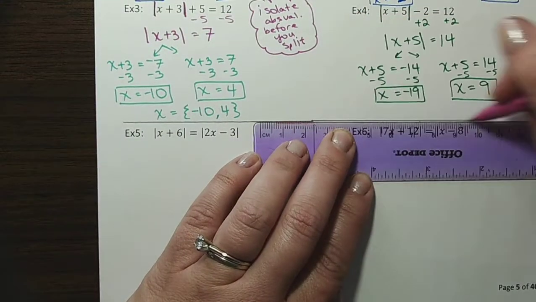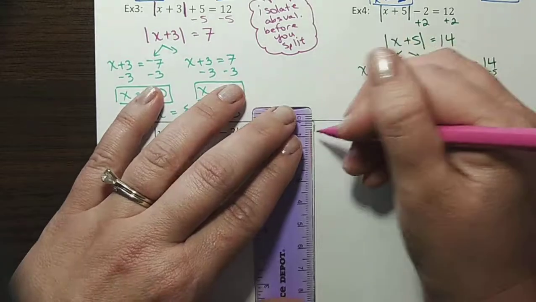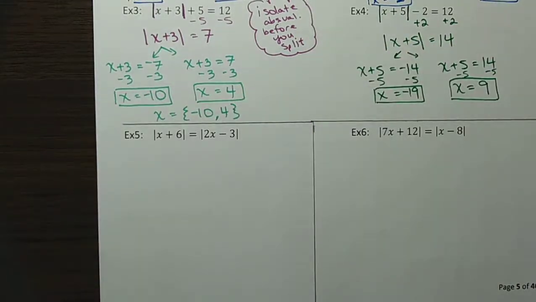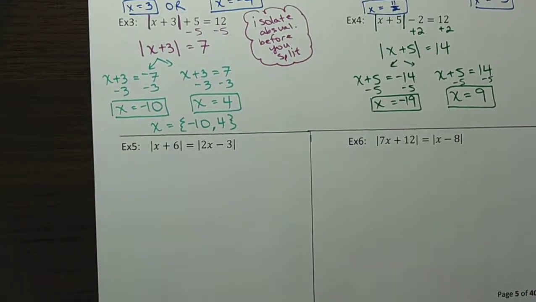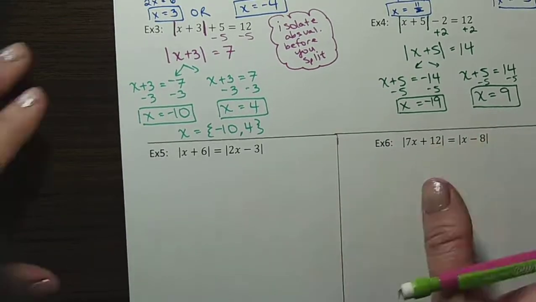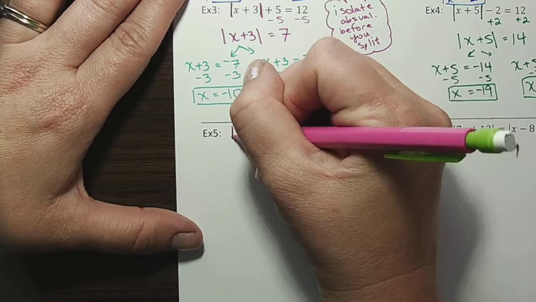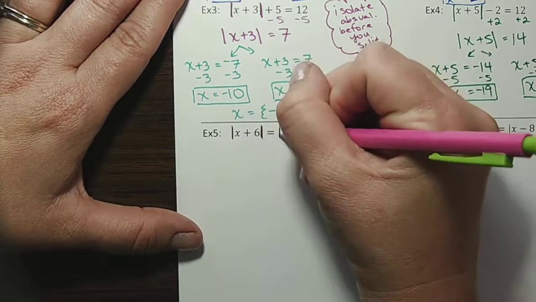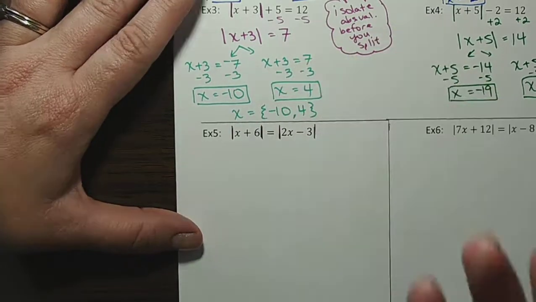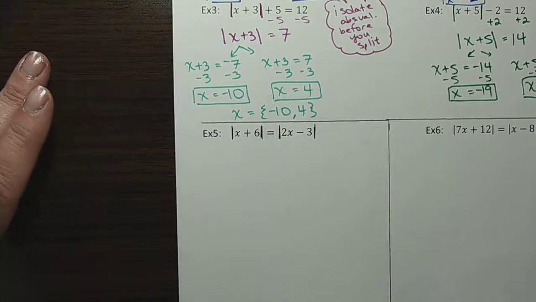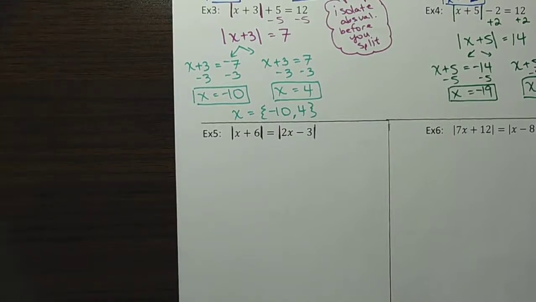Try to maximize the paper space, but I don't want it to be too messy. Drawing lines between them can help. All right, so for these problems, when there's brackets on both sides, you still split. It's just more on both sides. It's not just a number.